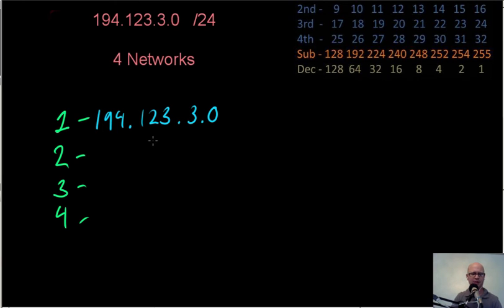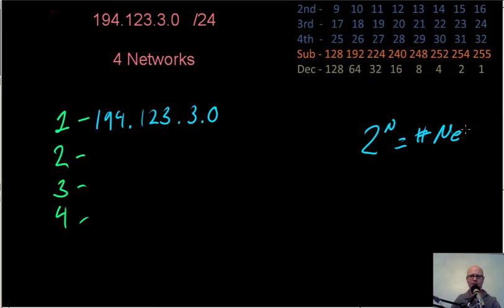Now we need to find the net IDs for network 2, network 3, and network 4, right? So we're going to go back to our chart here, and we have a /24. We need 4 networks, right? So how many bits do we have to borrow from the host portion? And as a little reminder, 2 to the n equals the number of nets.